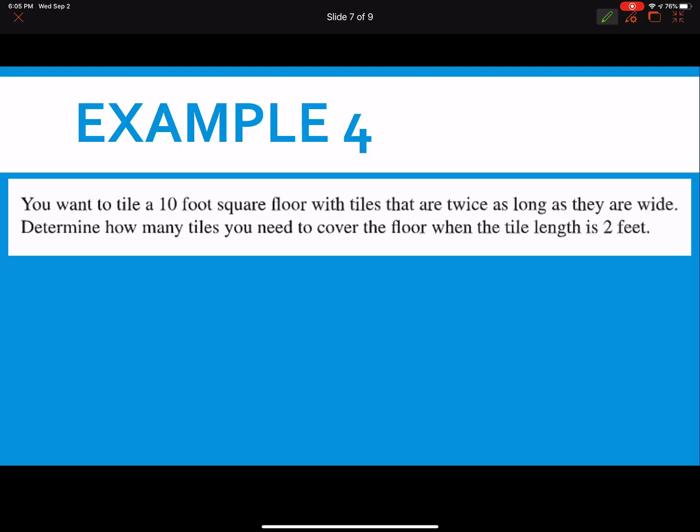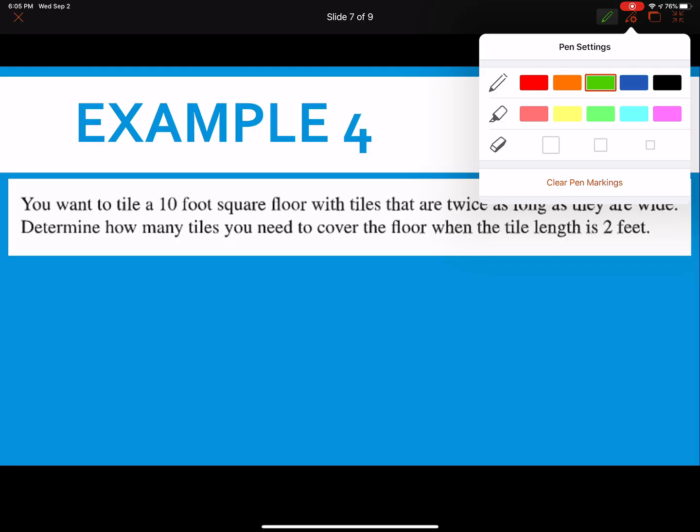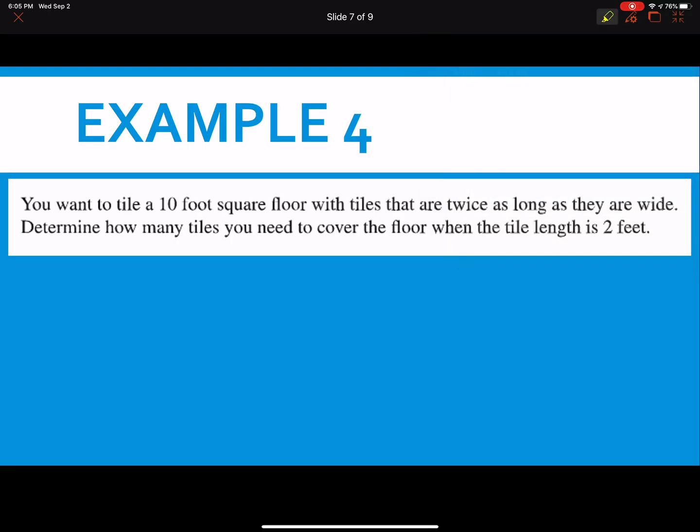Our example 4 says you want to tile a 10-foot square floor with tiles that are twice as long as they are wide. Determine how many tiles you need to cover the floor when the tile length is 2 feet. So some important information here that we may want to mark up: a 10-foot square floor, tiles that are twice as long as they are wide.